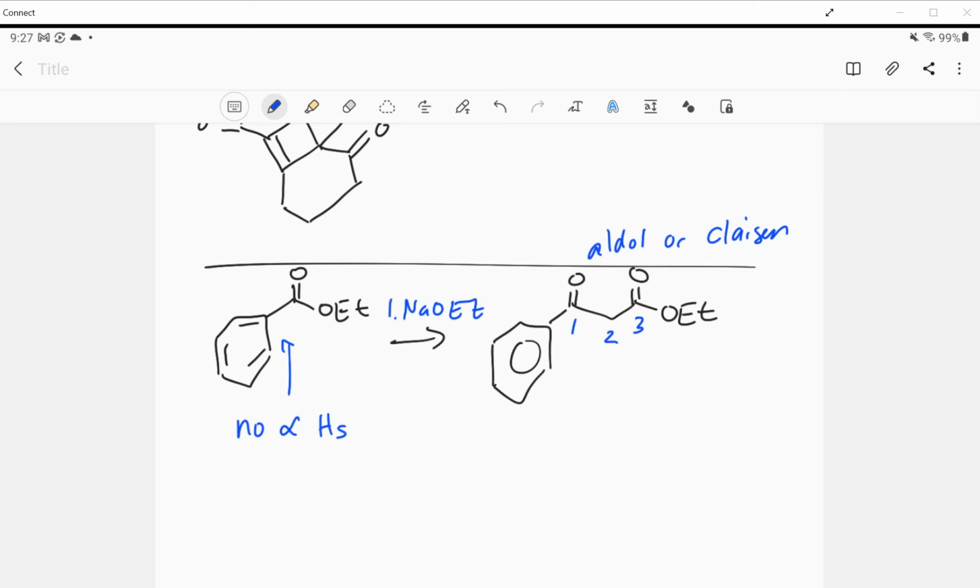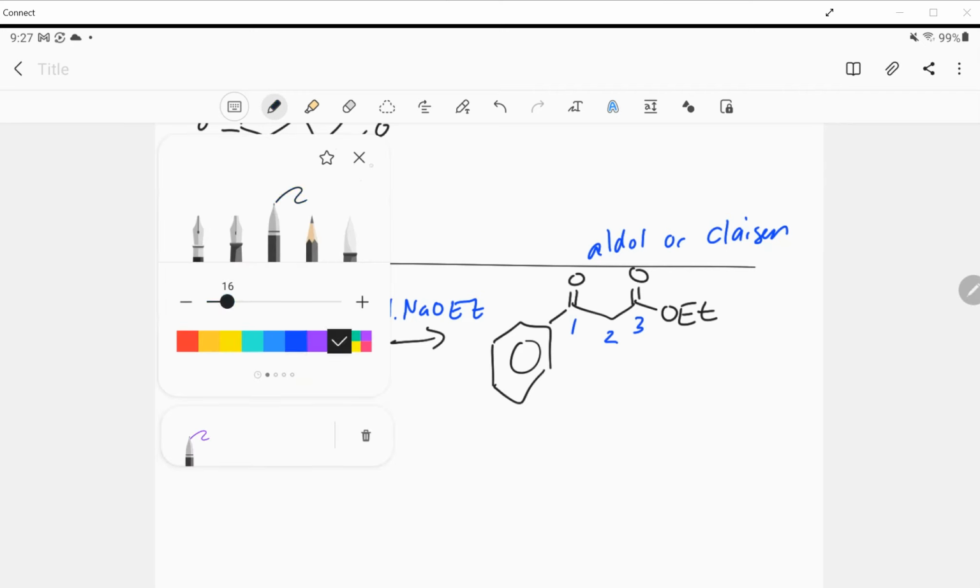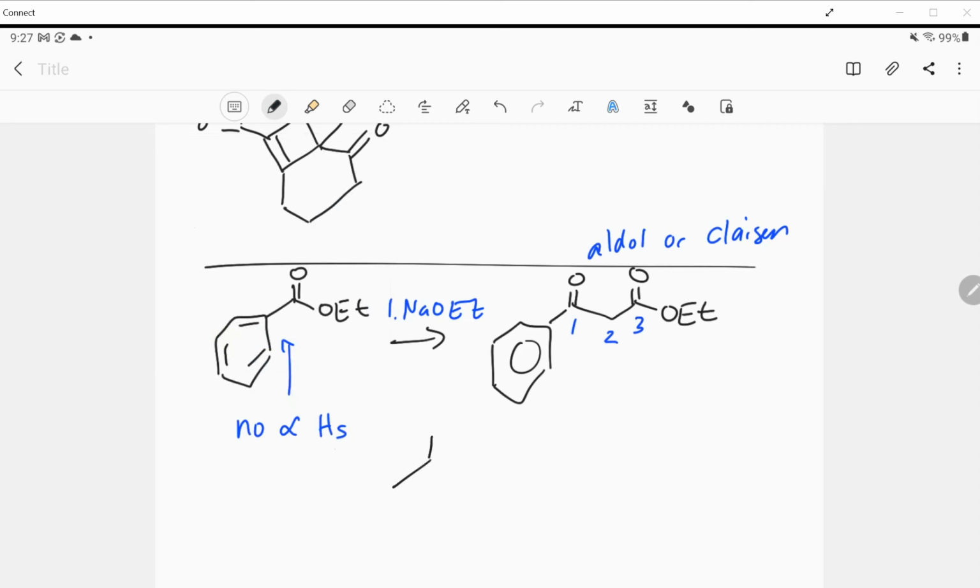And so we need something that has alpha protons and 2 carbons. So we have options. For something with 2 carbons and alpha hydrogens, we have the following 2 options. I mean, we could throw nitriles and nitros in here too, but those don't make any sense because we don't have those in the product. So we have 2 things that are 2 carbons that do have alpha protons.